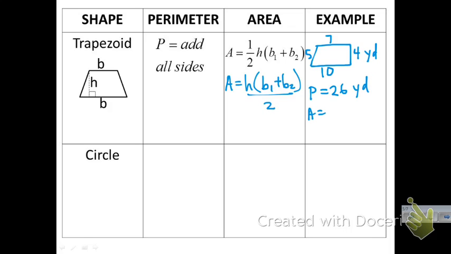For our area, we're going to take our height. In this case it would be the 4 times base 1 plus base 2 divided by 2, and that will give us 140 yards squared.